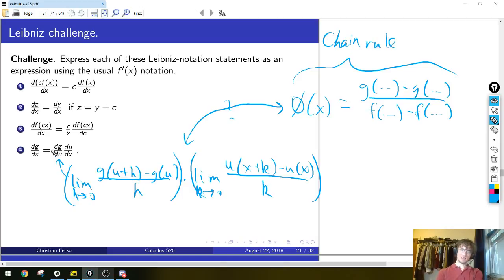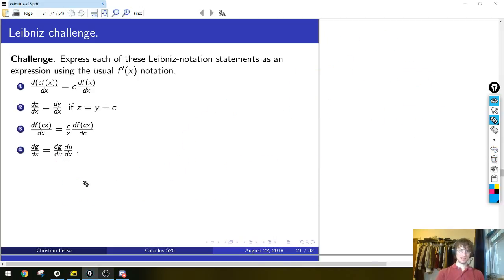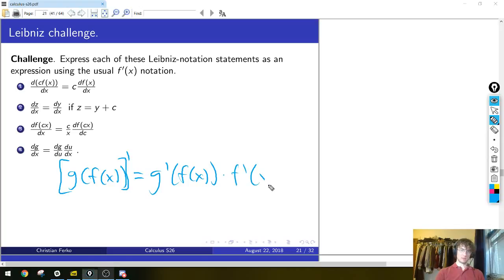And indeed, this thing I've written down is a Leibniz notation version of the chain rule. Why is this the chain rule? If we were doing the chain rule for g of f of x, the usual chain rule would say, if you want to take the derivative of this thing, you would say g prime of f of x times f prime of x.